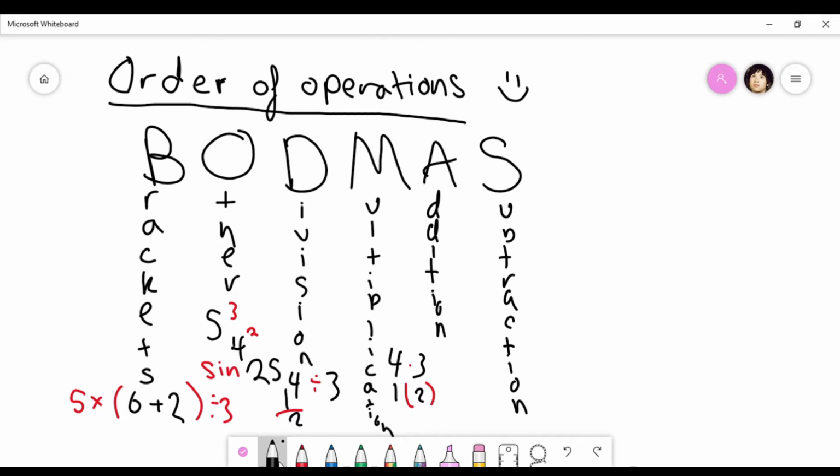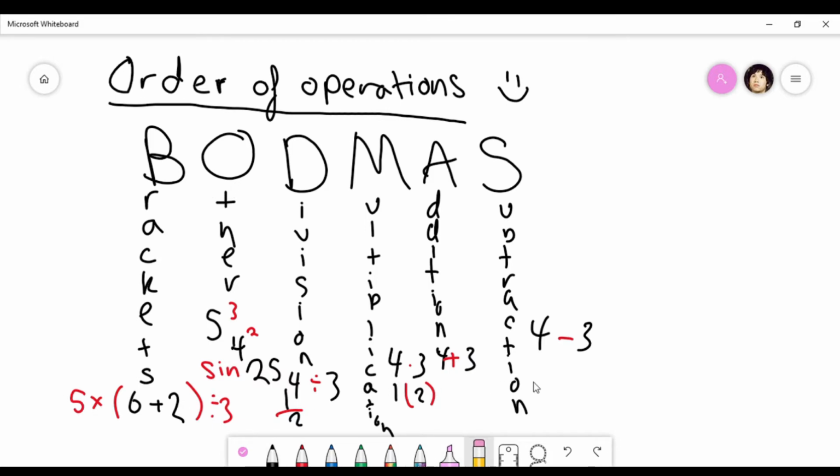Addition, it's adding two numbers together. 4 plus 3 equals 7. Subtraction, 4 minus 3 equals 1. So that's what each of the operations means, and this is the order that you do them in.